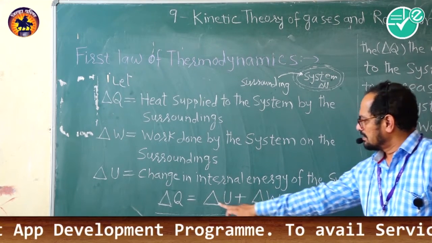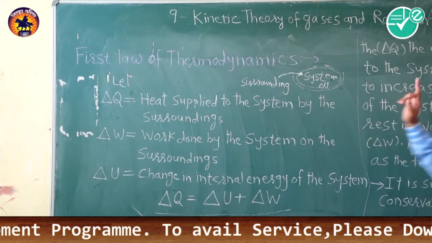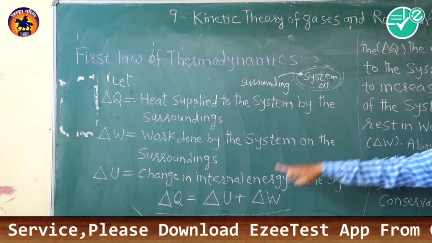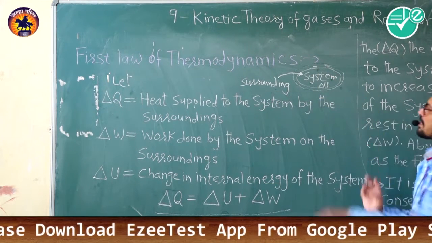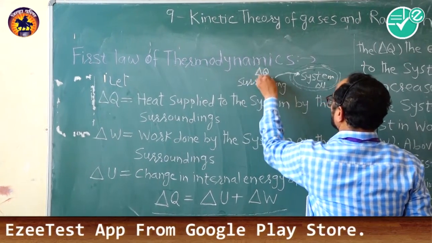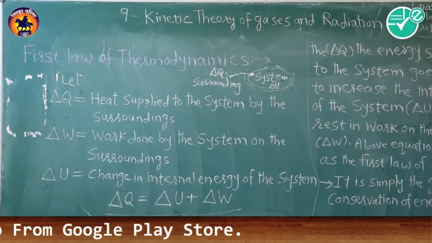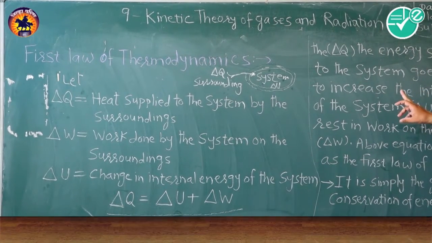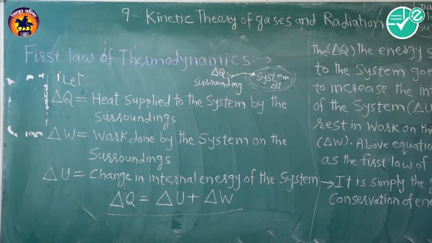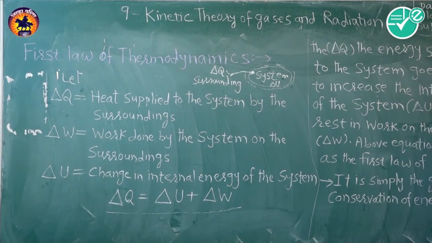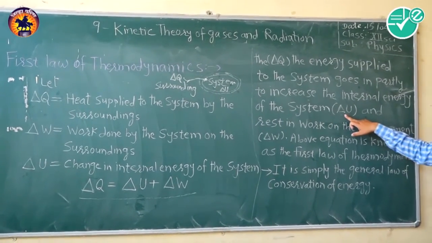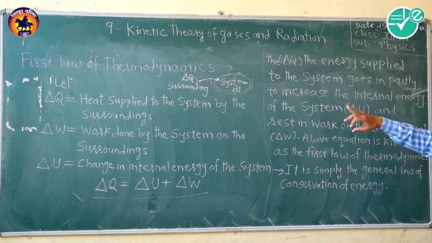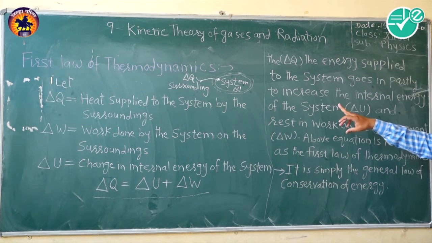So here this total amount of heat dQ is supplied to the system. We can write here it is dQ, supplied to the system. Some amount of the energy goes to the system, due to which the internal energy of the system increases, that is delta U, and the rest of the heat energy is the work done on the environment by the system.